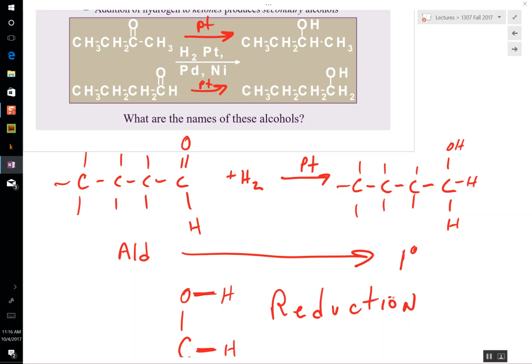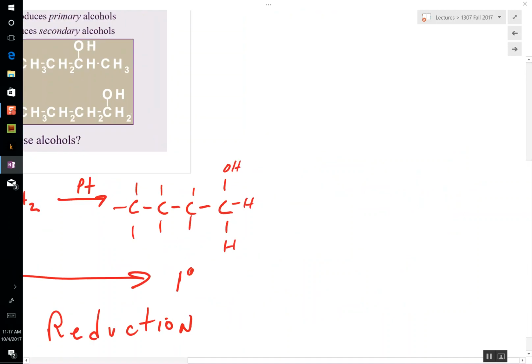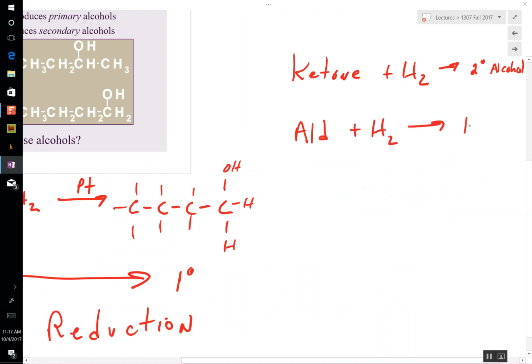Primary alcohol with an aldehyde, a secondary alcohol with a ketone. So that's the important takeaway right here. Ketone plus hydrogen yields a secondary alcohol. An aldehyde plus hydrogen is going to yield a primary alcohol.